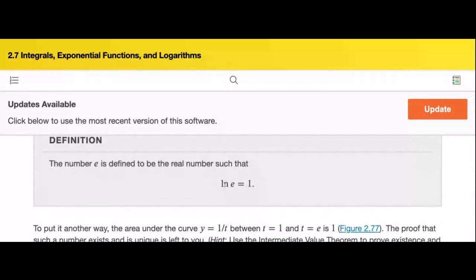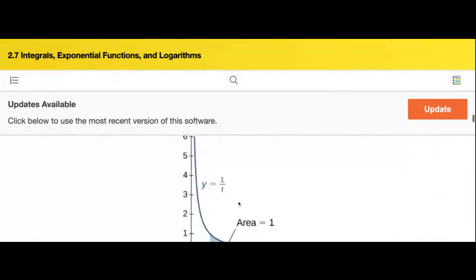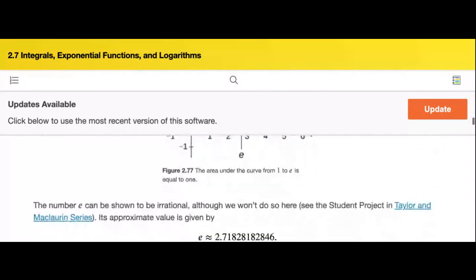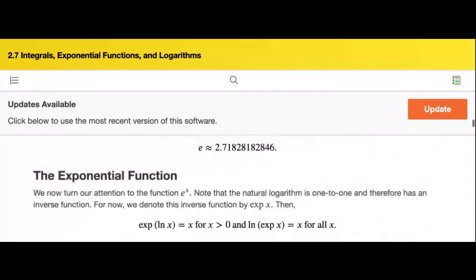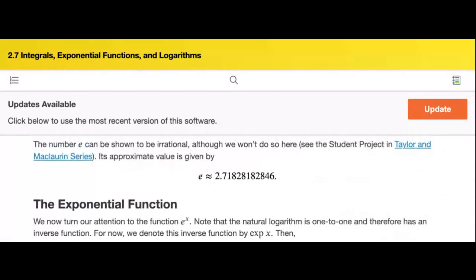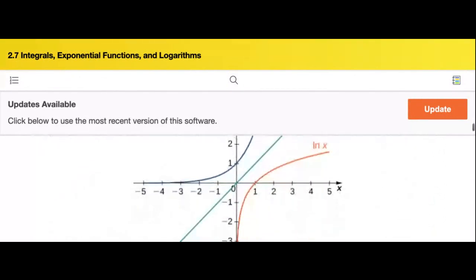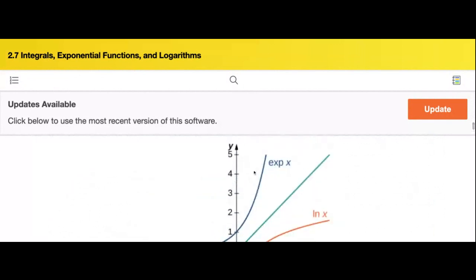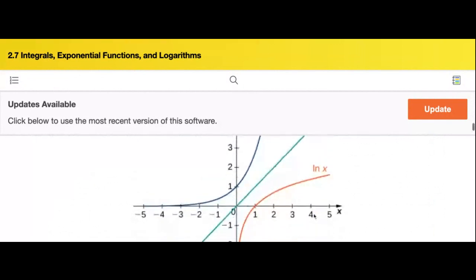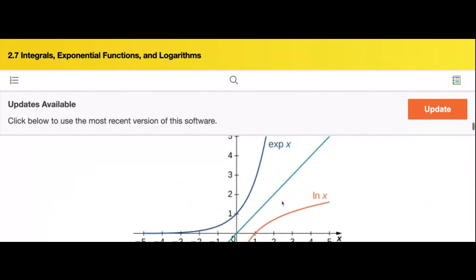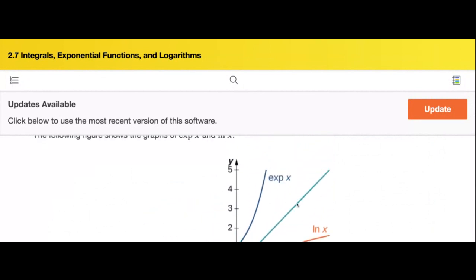Of course, ln e equals 1 because ln is log base e. e is called the Euler number, just like pi is a constant number. The exponential function and the log function are inverses of each other, and they have a symmetry.